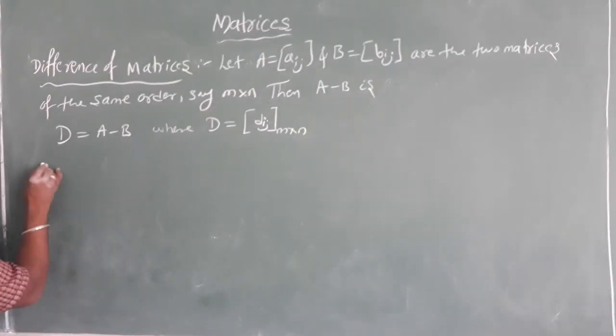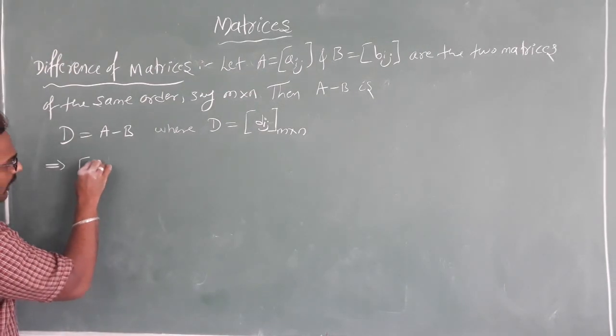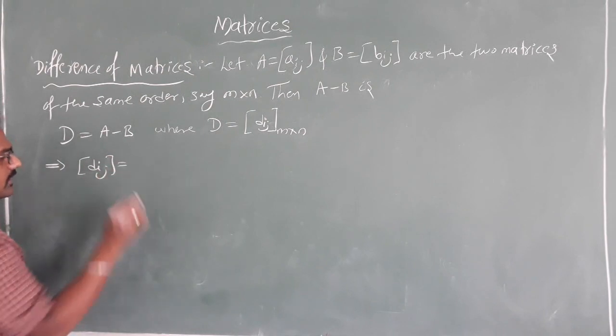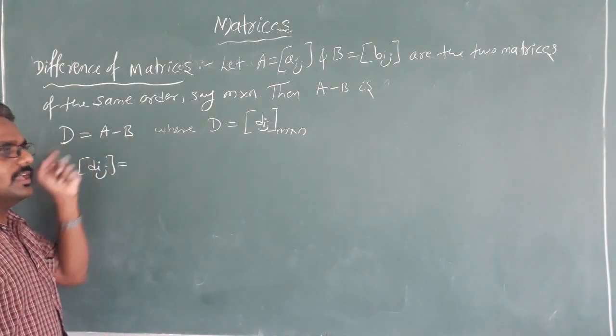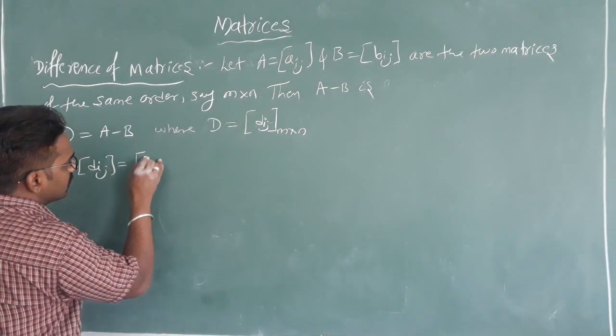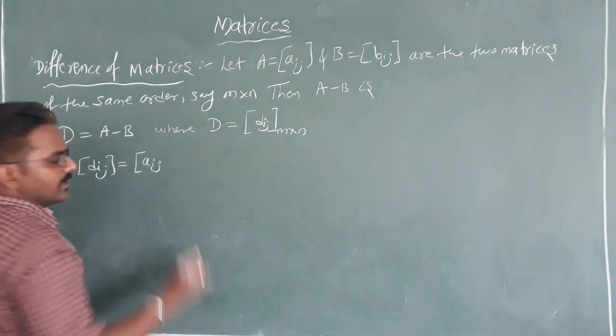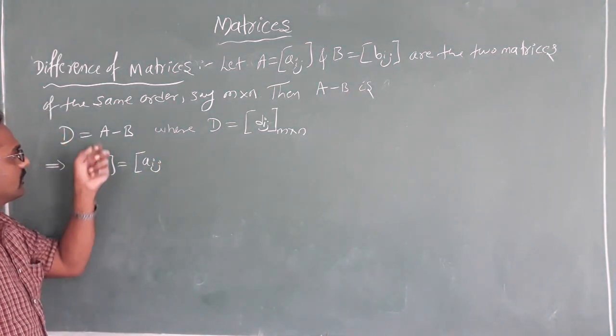What does it imply here? Dij is a new element obtained by the difference of each element of the two matrices. So what we get here: Aij of the element A.